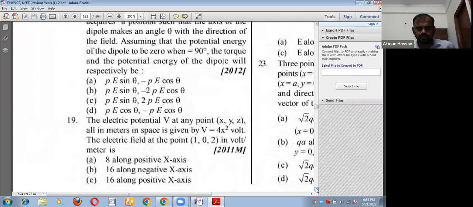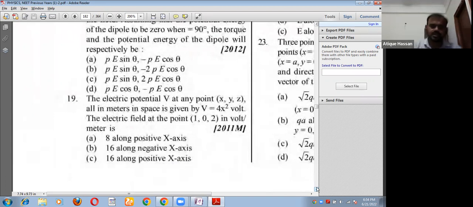Now move to question number 19. This question is a little difficult, a level 2 question. And such type of question is also asked in JEE.